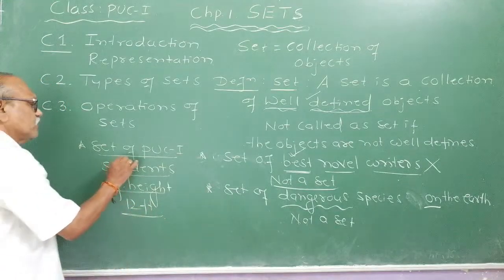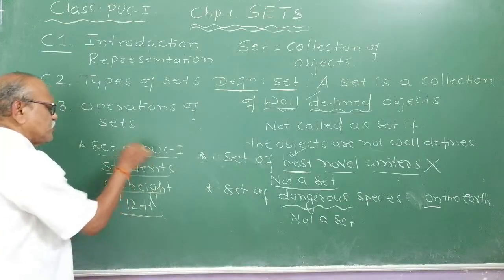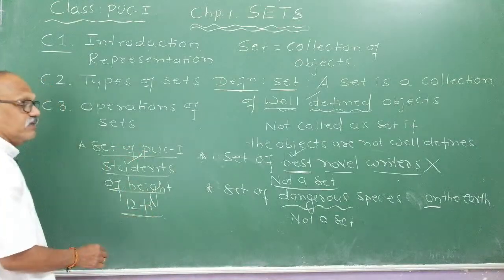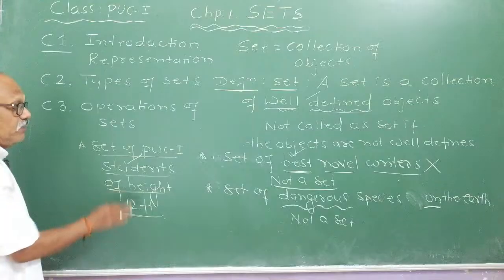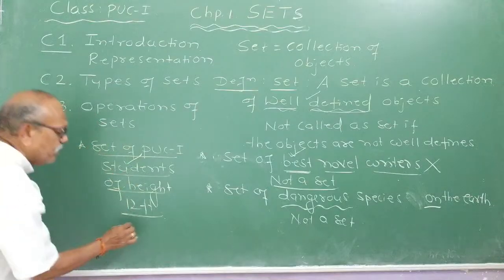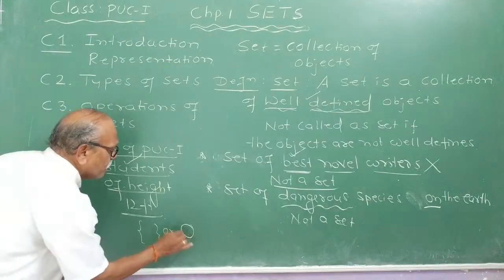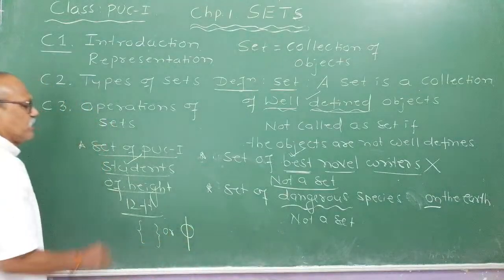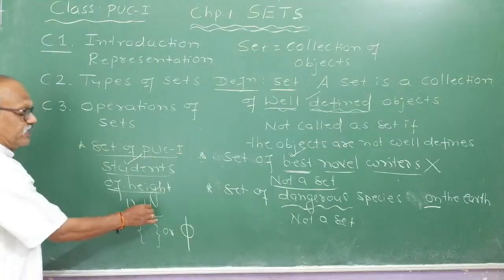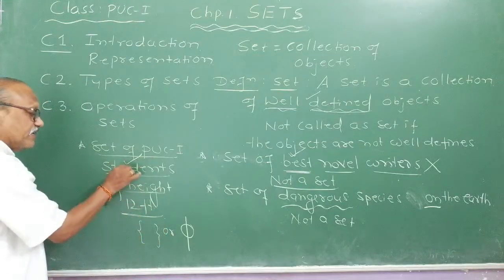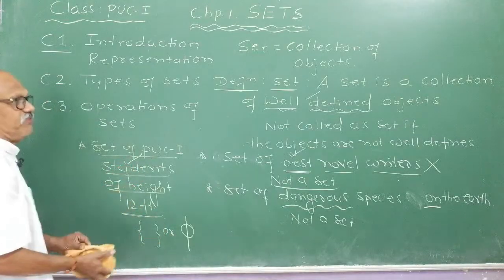PUC 1 students is well defined, but a height of 12 feet will not contain any element. But it can be called a set, and this set is called an empty set, or null set. There are no students of height 12 feet.